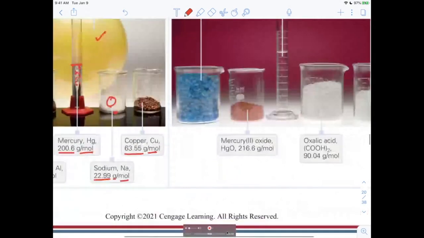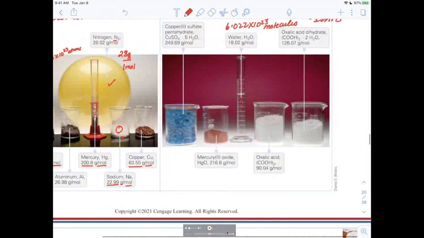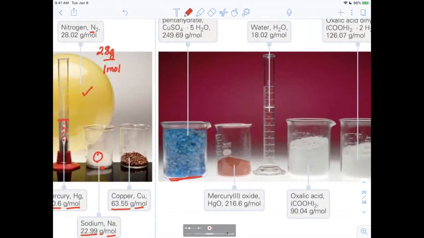Then on the right side, we have these right here. On the right side, copper sulfate, ionic solid. Oh, not just copper sulfate, the one that's crystallized with 5 waters. It takes 249.69 grams of copper sulfate with 5 waters, which is actually copper 2 sulfate with 5 waters.